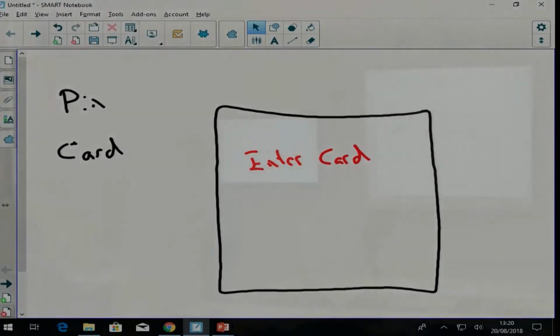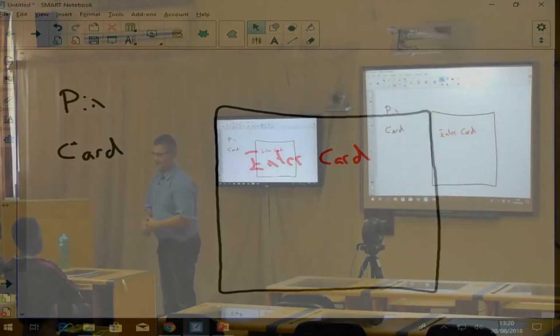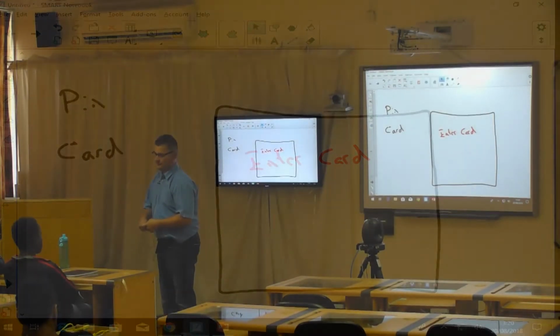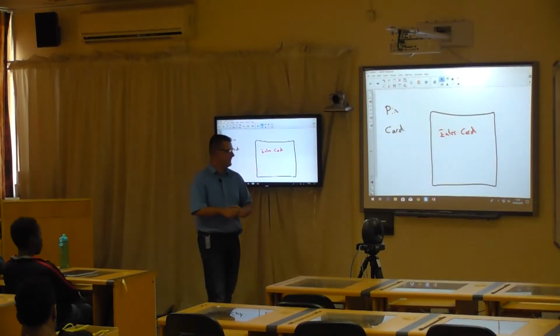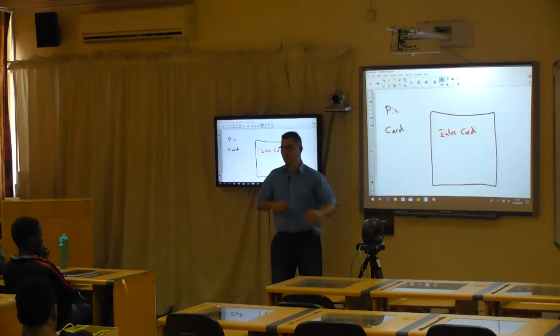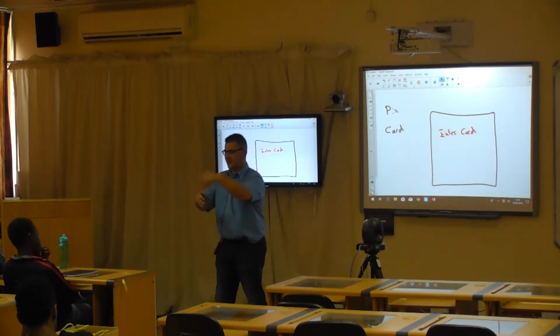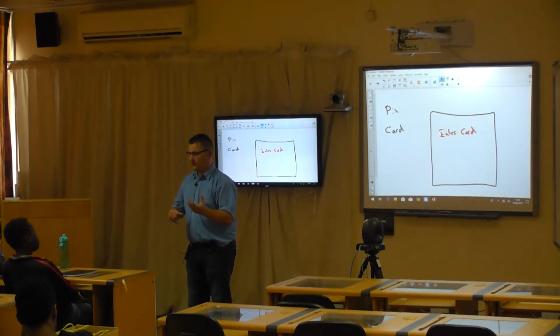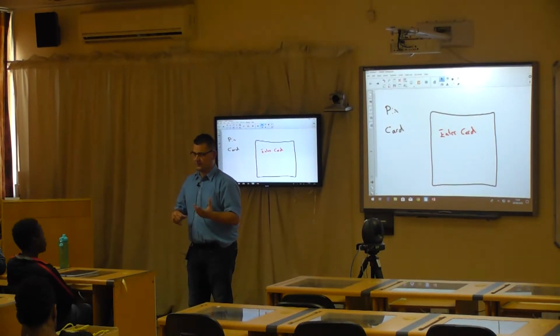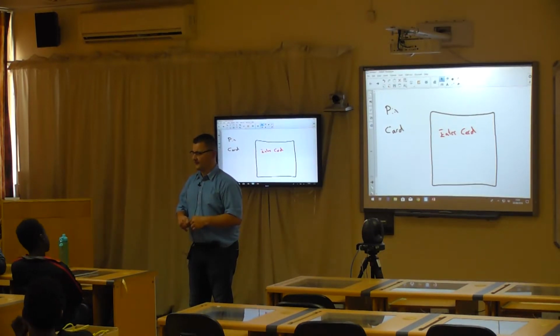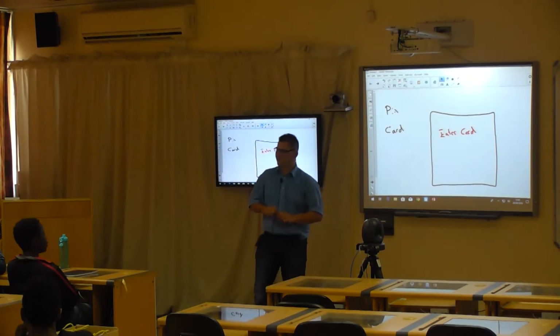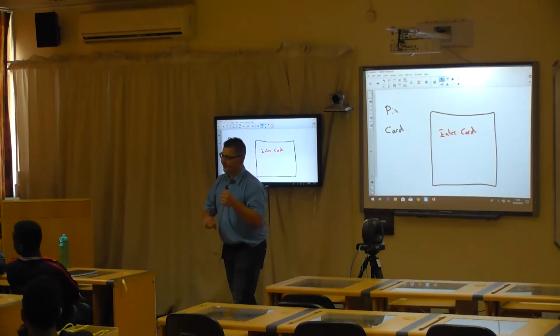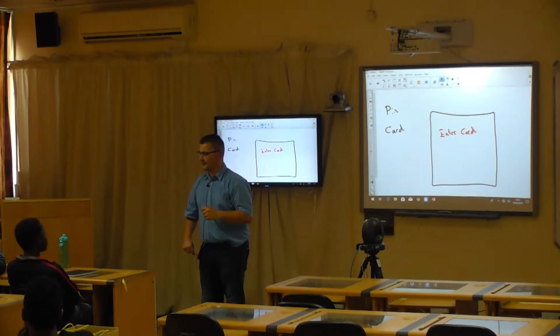Is it part of the authenticate use case? That's a bit debatable because that's something that needs to happen actually outside of this use case. What would start the use case to authenticate? Actually, the entering of your card.